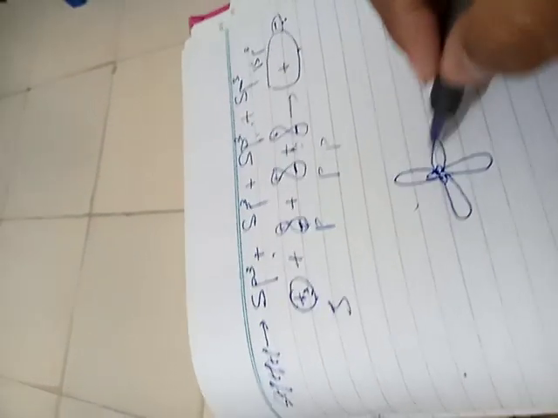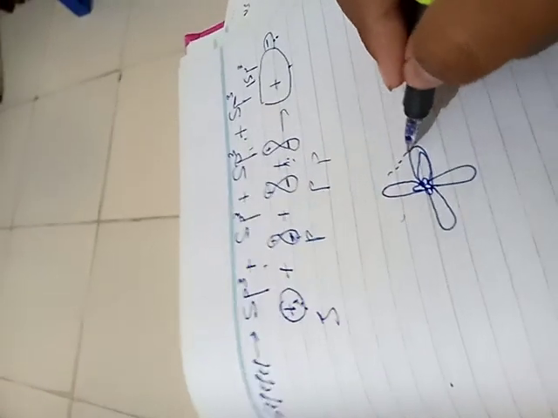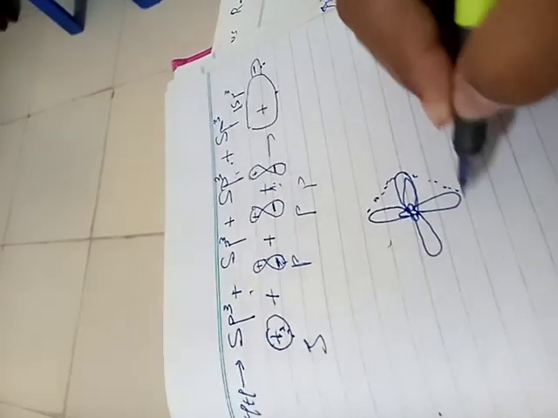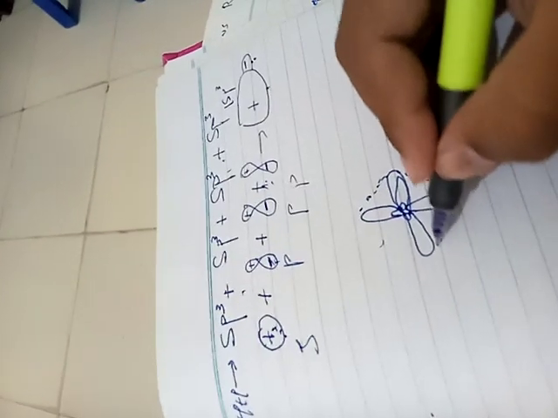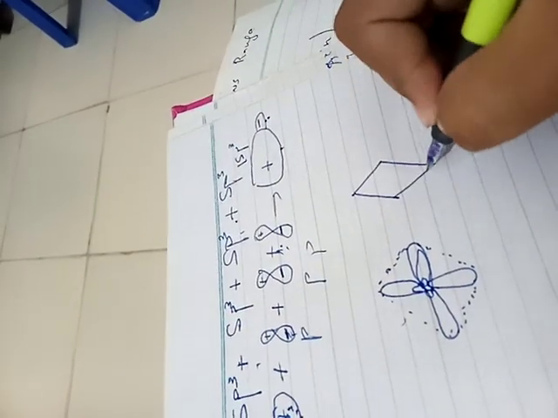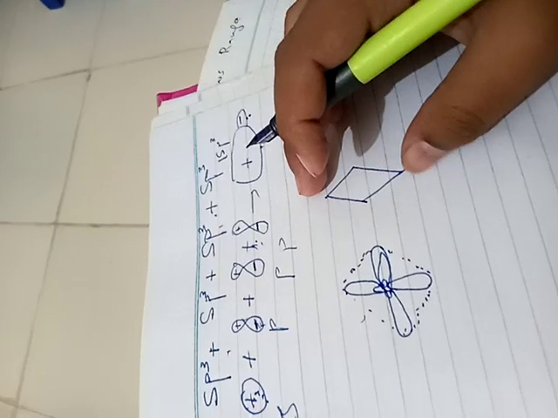So now they are forming a tetrahedral shape. You may see it. Let me draw it properly. Tetrahedral means like this, a 4 corner shape. So they are forming a 4 corner shape.